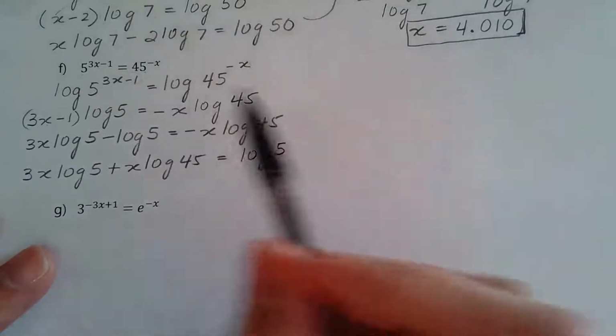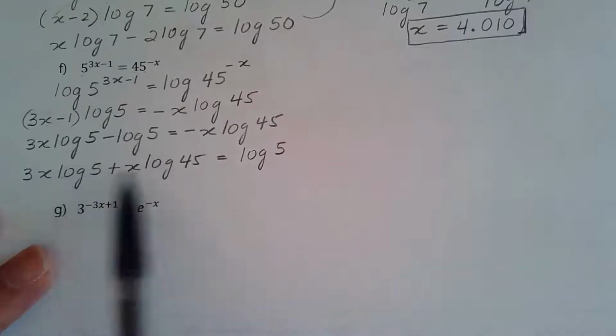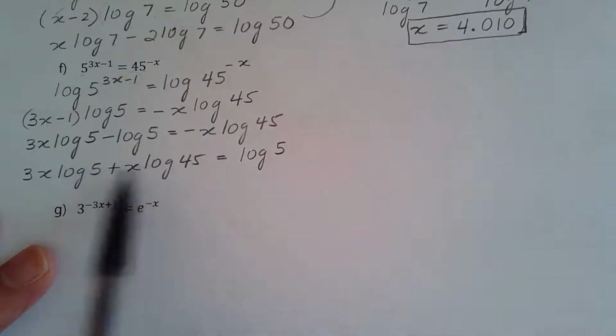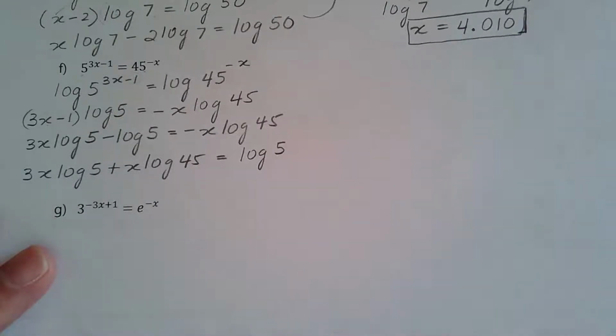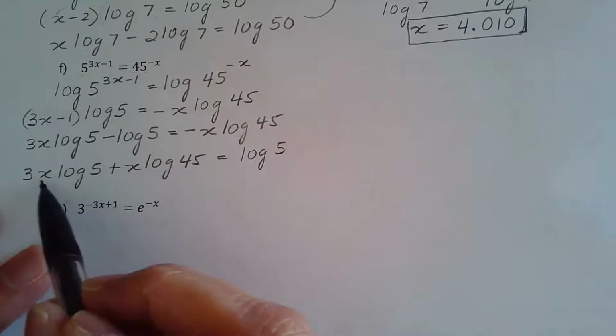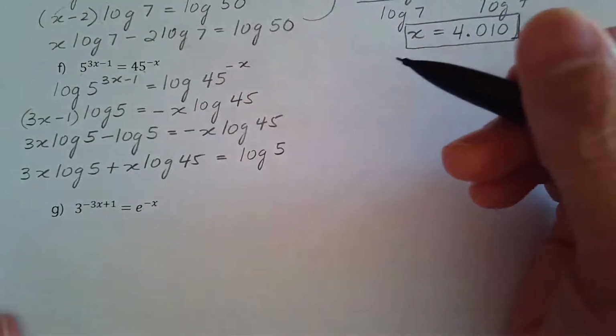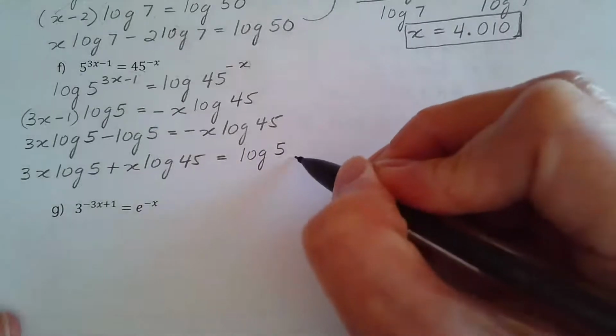Okay, what to do next? The x's, we can't really just combine these two because they're different terms, right? So what we're going to do is factor out x from here.